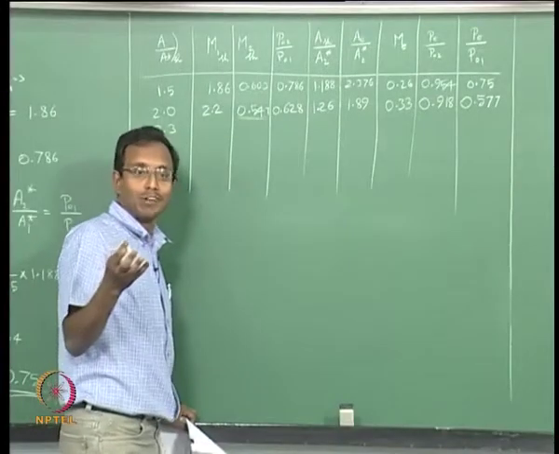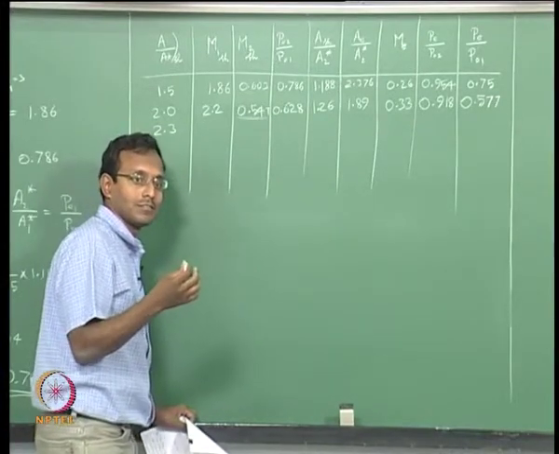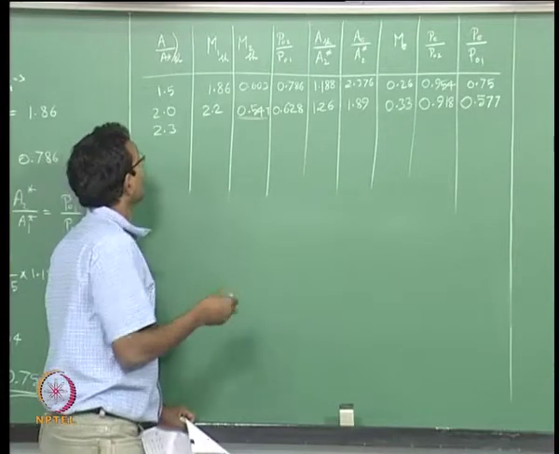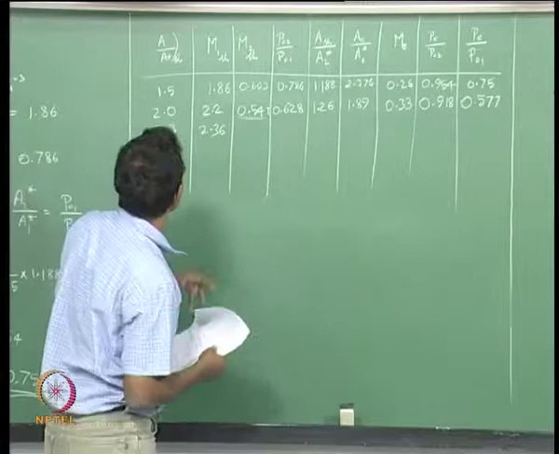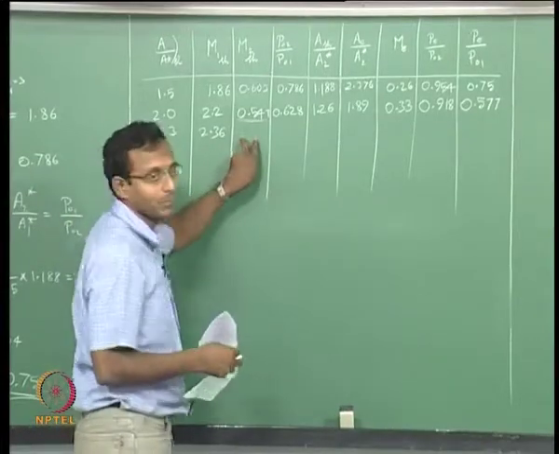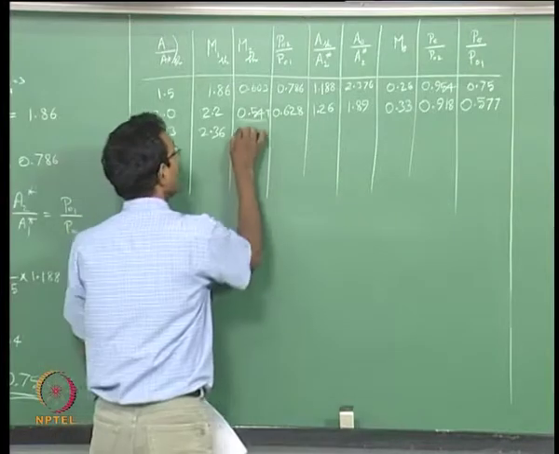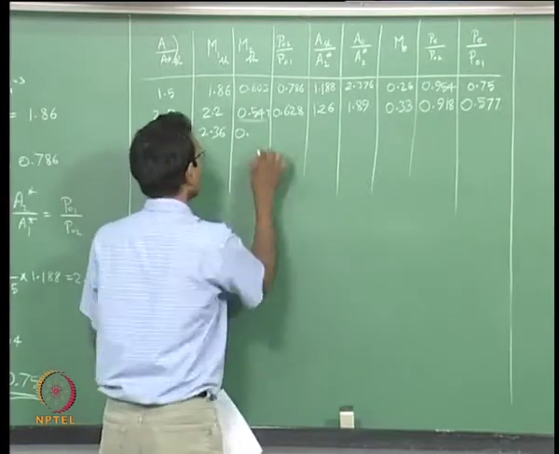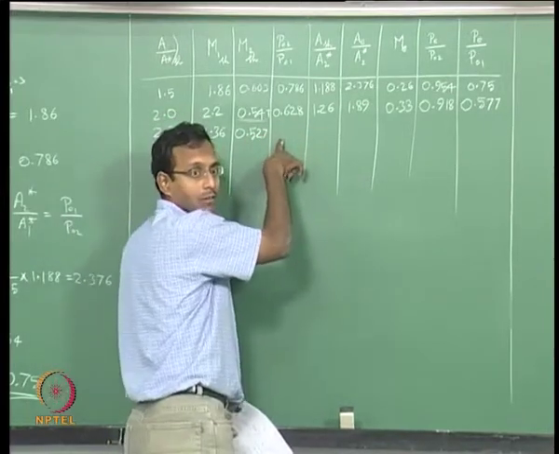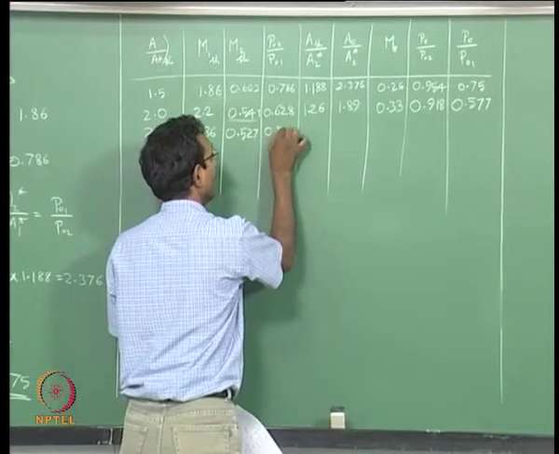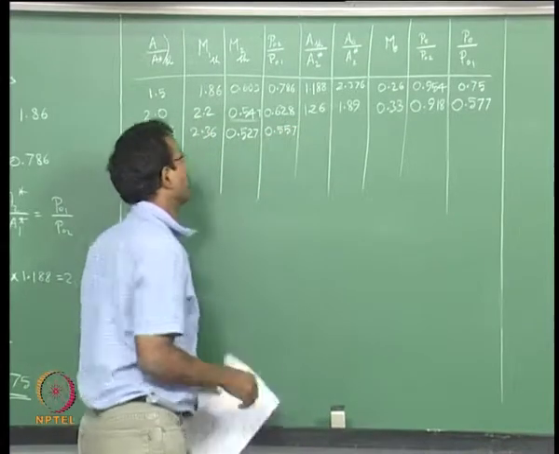So I am looking for tables. 2.36. Now we go to normal shock tables. For 2.36, I want the downstream Mach number and P02 by P01. 0.527 and the P02 by P01 is 0.557.